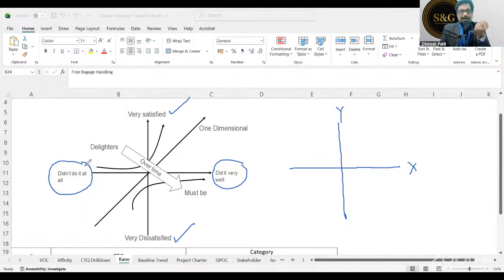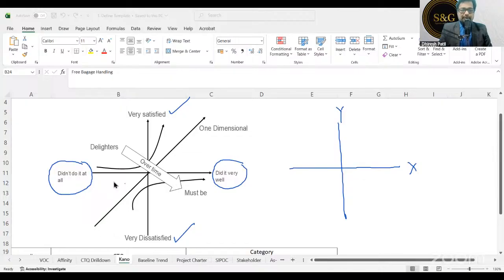The x-axis is your features: not there at all on the left-hand side, and on the right-hand side the features are there. The customer is asking for the same, but the company has done some improvement on its own. Very good Anuj, absolutely right. So what is one-dimensional?